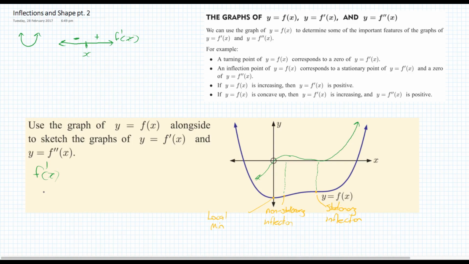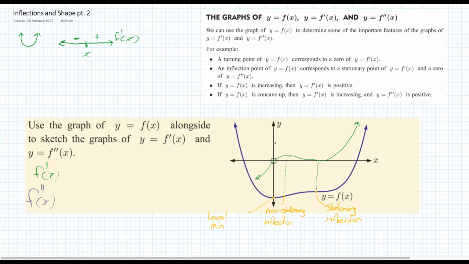We know that when we have our slope here passing through 0, we're going from negative to positive. Our second derivative must be greater than 0. So it's going to start somewhere up here.